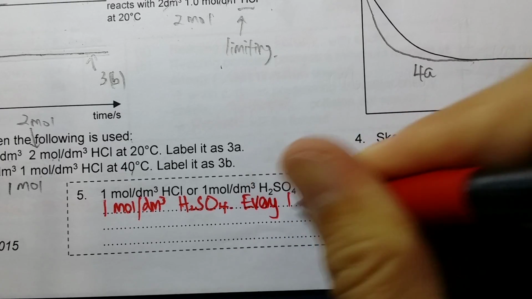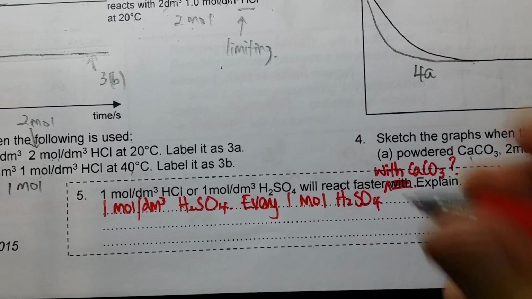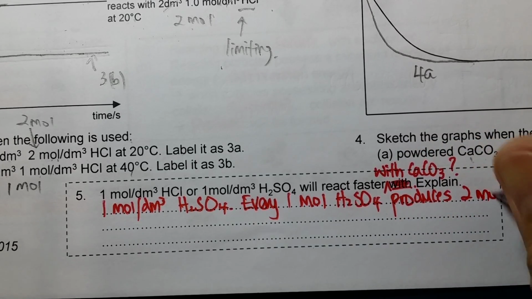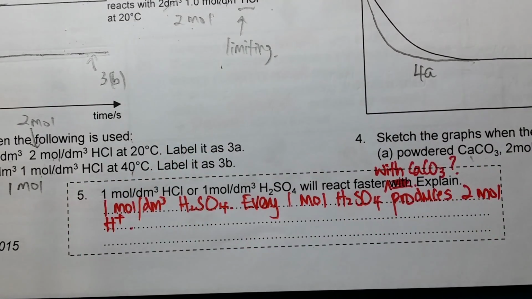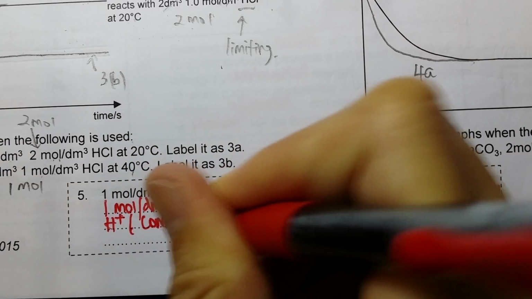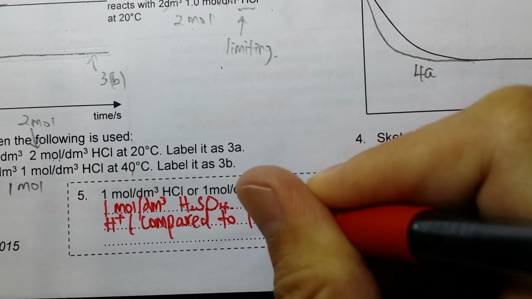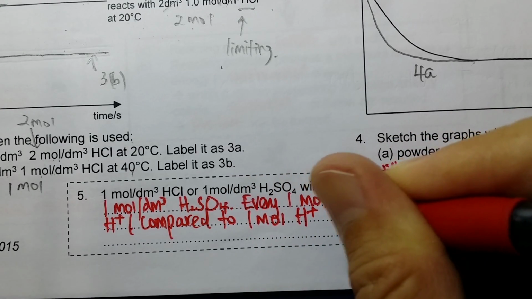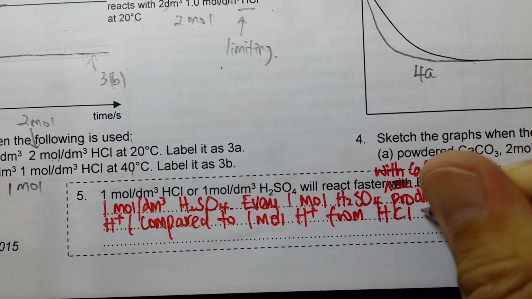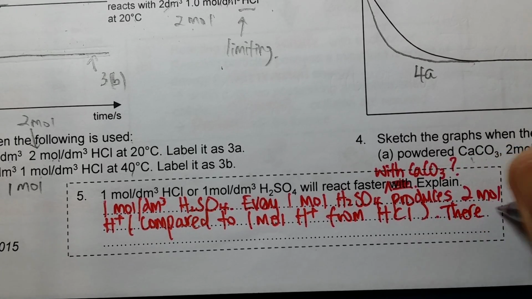Now why? Because every 1 mole H2SO4 produces 2 mole of hydrogen ion, compared to 1 mole H plus from HCl. So there are more hydrogen ion.